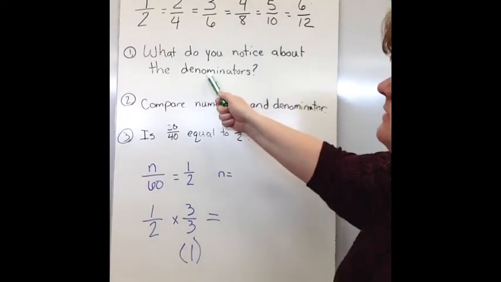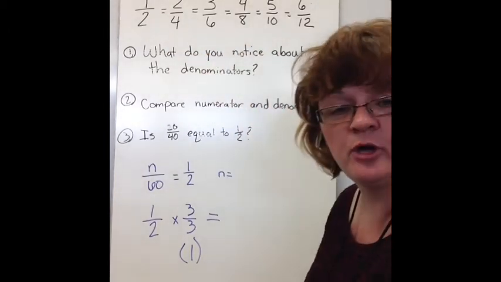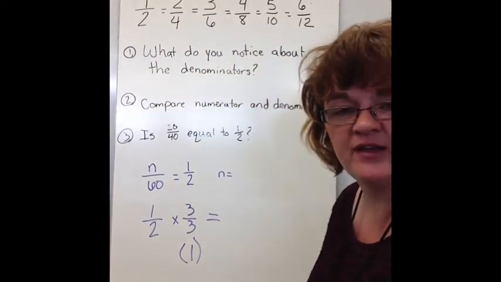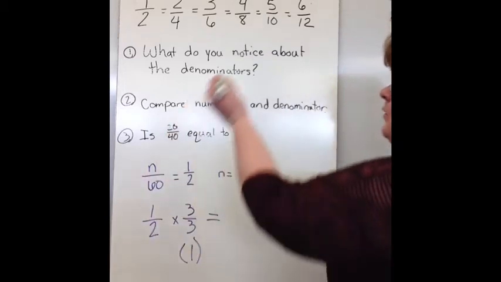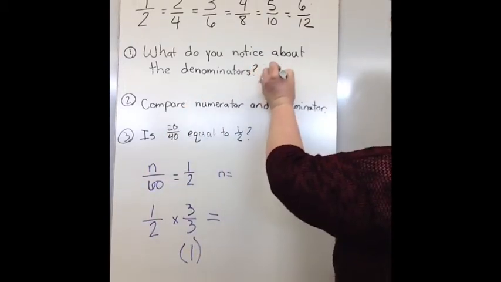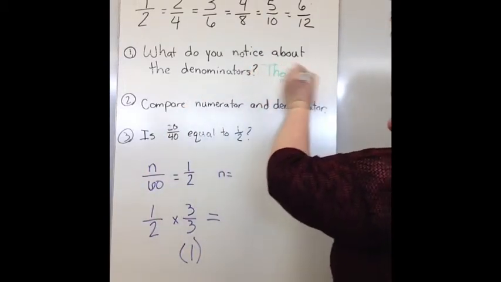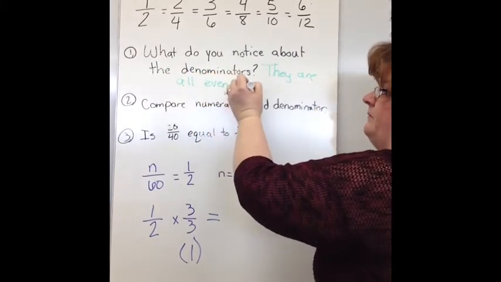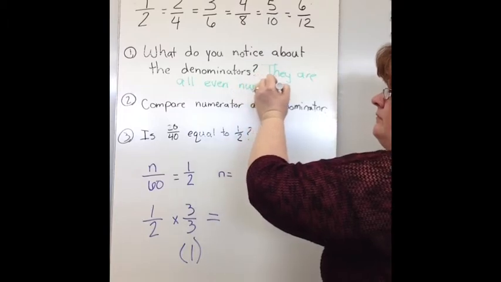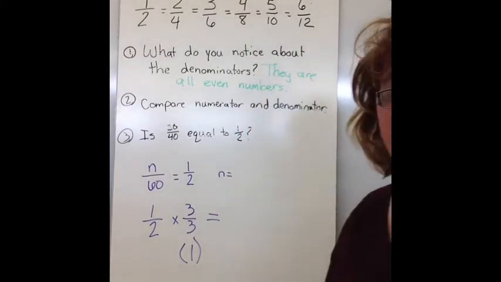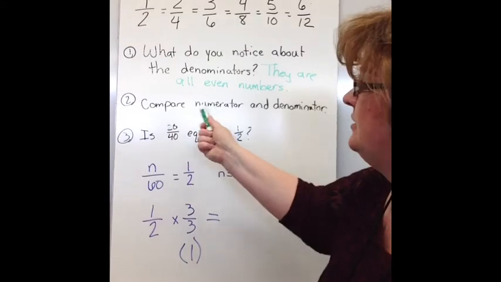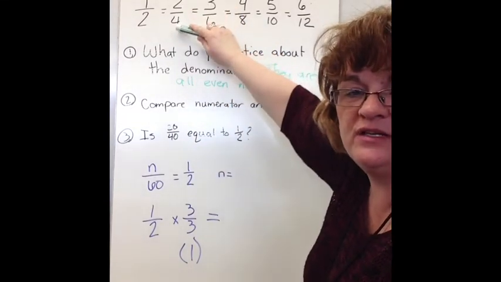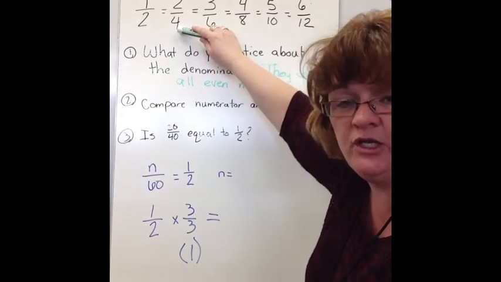What do you notice about the denominators, which remember are the bottom numbers? What do you notice about the denominators in all of these fractions? What I notice is that they are all even numbers. What can we say about the numerator and the denominator? When you look at the numerator and compare it to the denominator in every fraction, what do you notice?